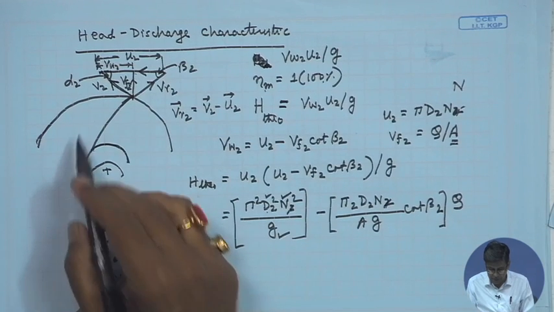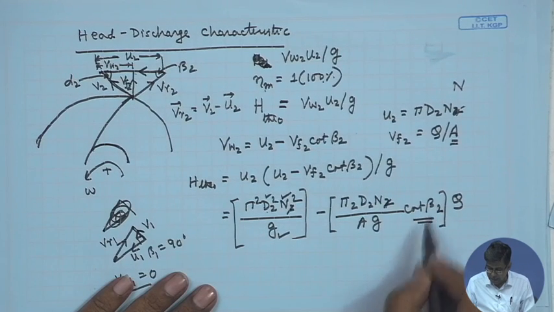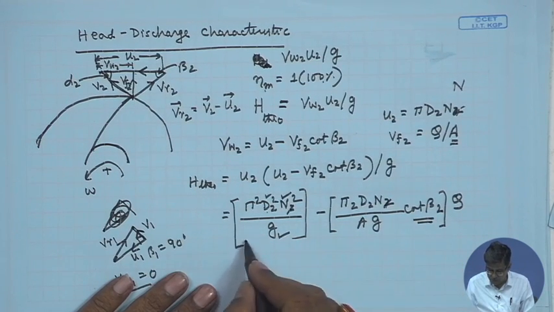For a given impeller, the outlet angle is also fixed. So, therefore, these two are constant.